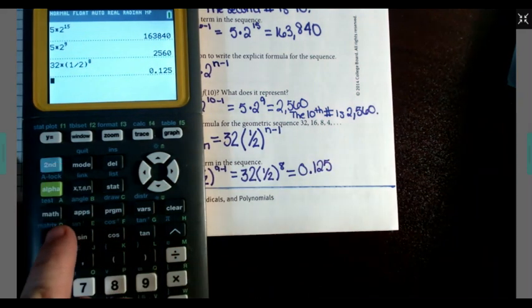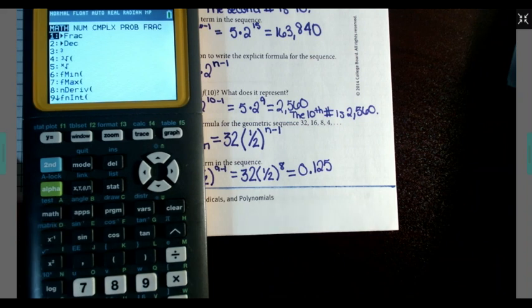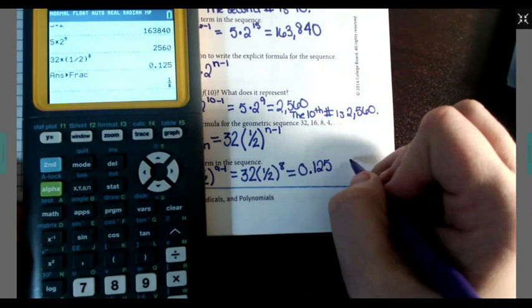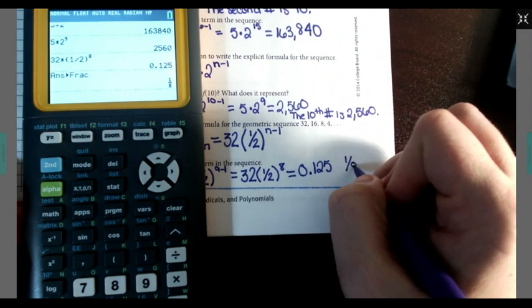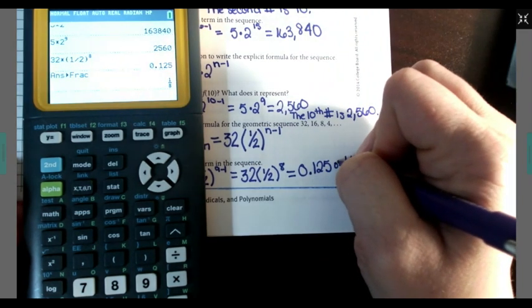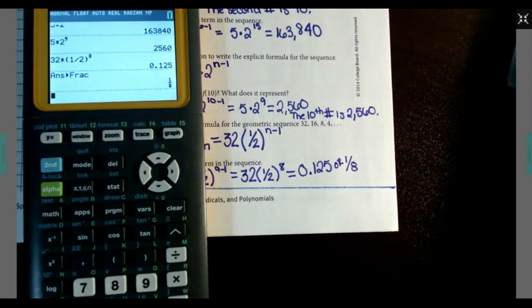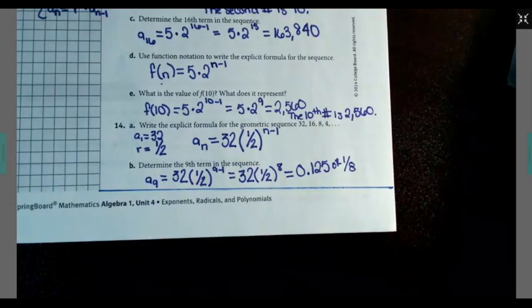There is a way to show the fraction. If you press math and hit 1, it will give you the fraction form of this, which is 1/8. So I would have accepted either of these answers. On to the debriefing of this section.